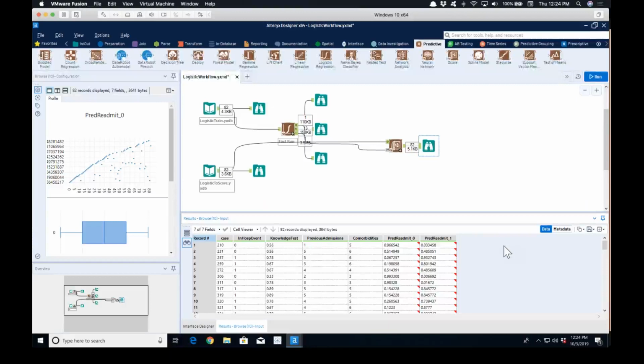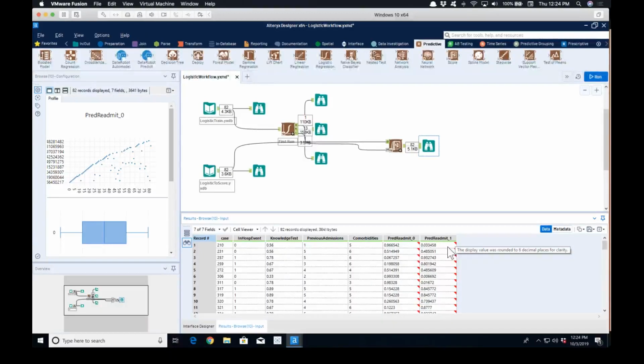But in the case of Alteryx, they're just giving us the predicted probability. So another way to think about this is, based on the weights from the other model, this first person, case number 210, the probability that they're a 0 is 96.6%, and the probability that they're a 1 is 0.03.